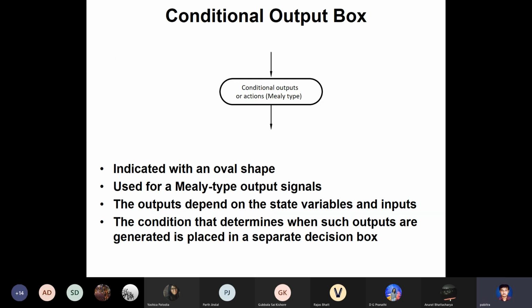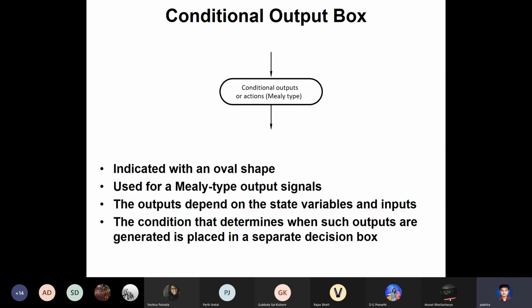Okay, so finally you have the conditional output box, indicated with an oval shape. It's a Mealy type output, which means that if the system is in a state and some condition on the input, some input value, is obtained, then you get this output. So it's a conditional output.